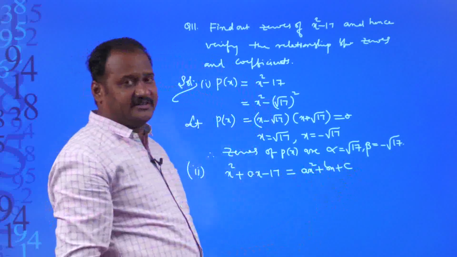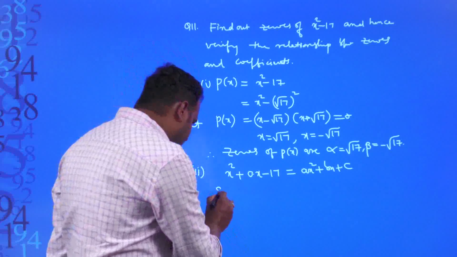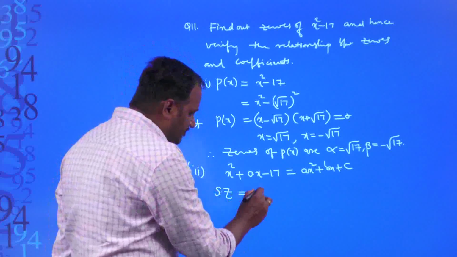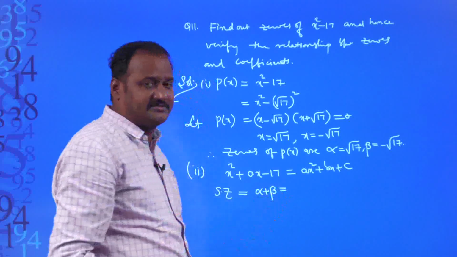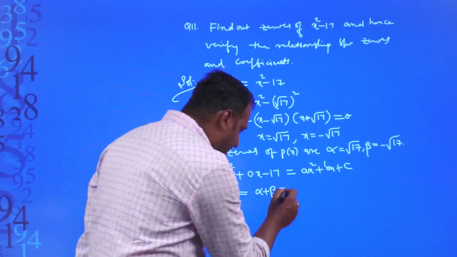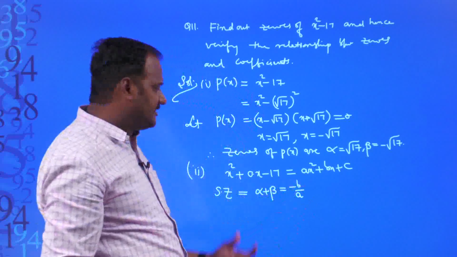Now, I am going to verify the relationship between zeros and coefficients. First of all, sum of zeros of the polynomial. Sum of zeros is equal to alpha plus beta. Just now we obtained one formula for sum of zeros alpha plus beta. Have you remembered that? Yes, that is minus b divided by a. That is sum of zeros. Substitute the values.